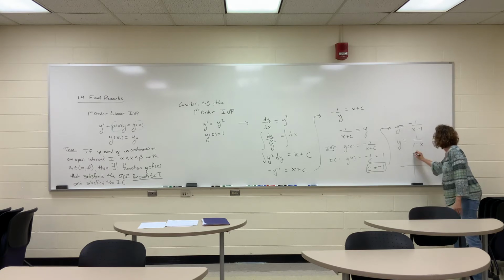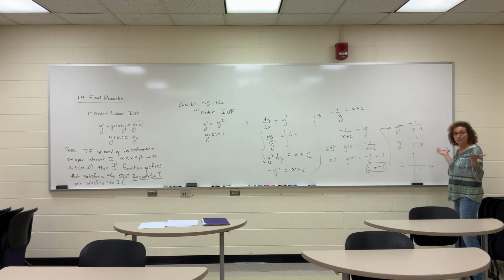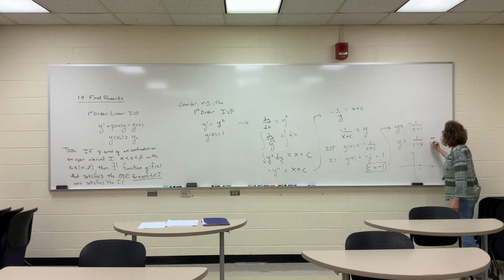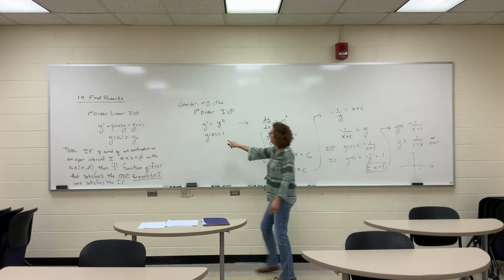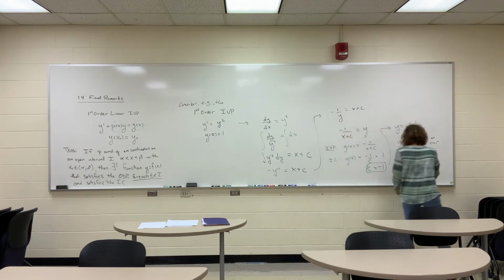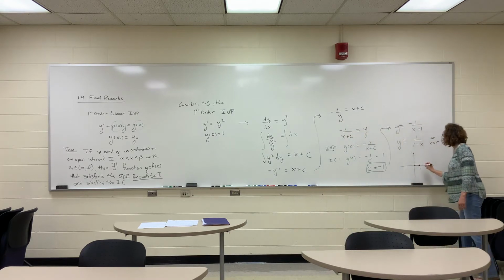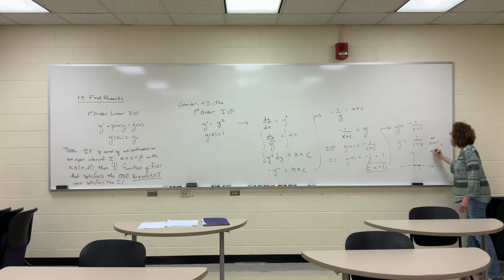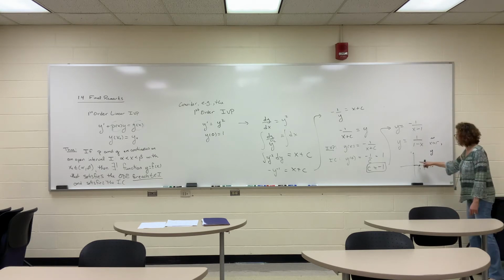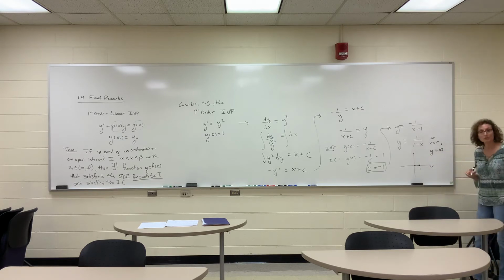Here's x. Here's 1. When x is 1, what happens? It blows up. As x goes to 1 from the left, we started at 0, that was our initial condition. So as x approaches 1 from the left, what happens to the solution? y is a little bit smaller than 1, so y gets huge, goes off to infinity.